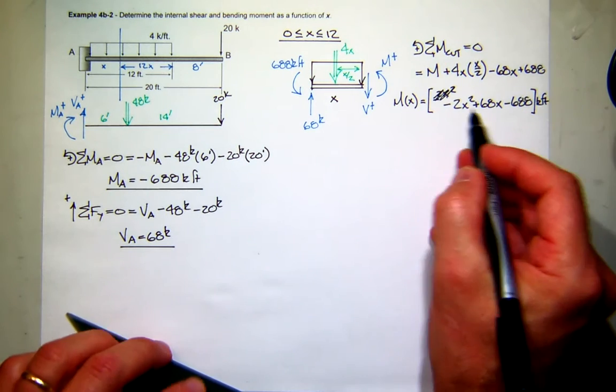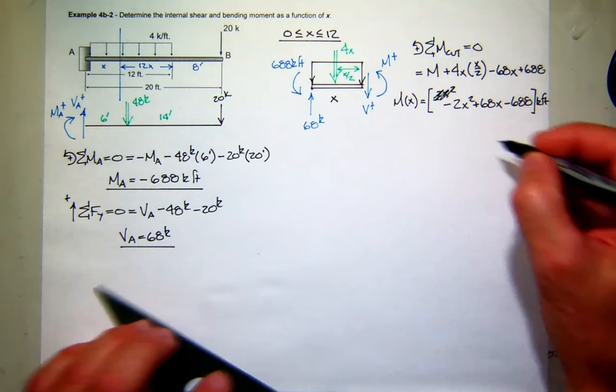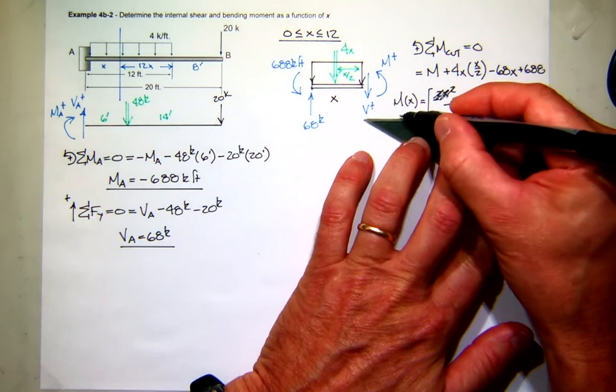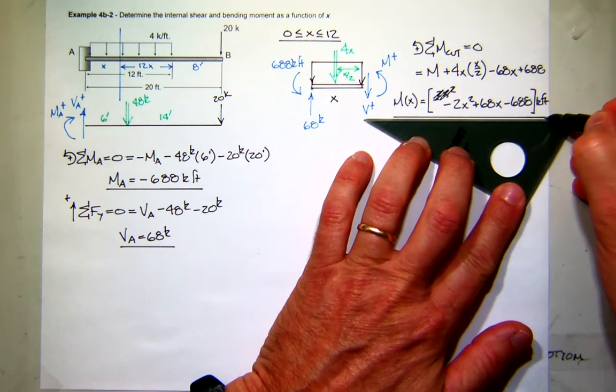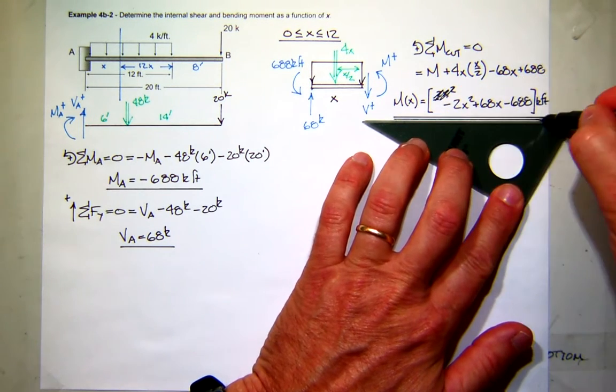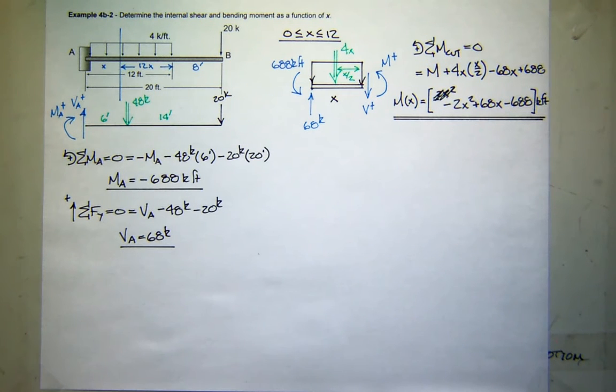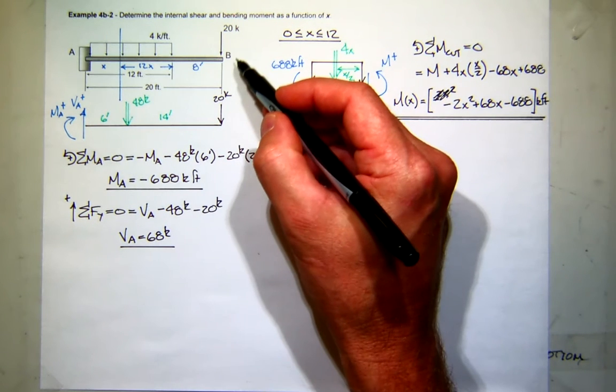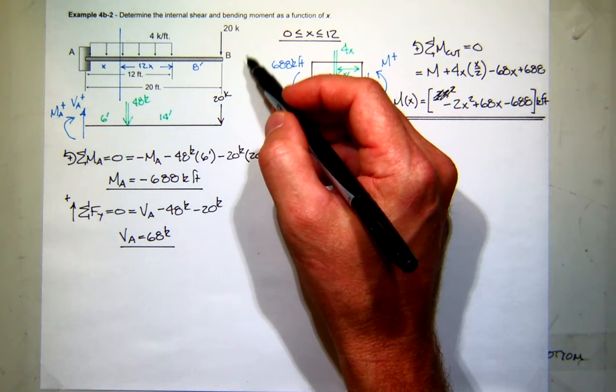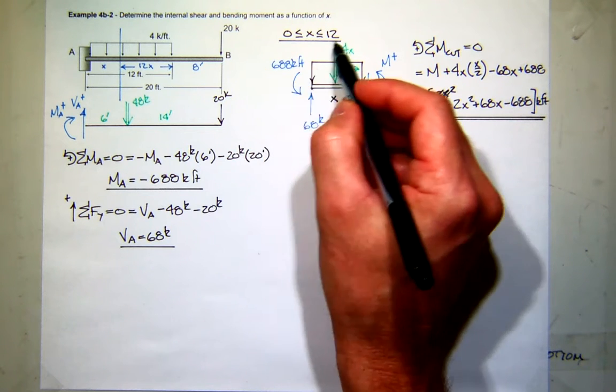So when x is equal to 0, what's my moment? Negative 688, right? And that matches what I found here. So that seems to be working so far. Can I check it anywhere else? I know the moment is 0 out here at B. Can I plug in x equal 20 in this equation? No. Can't do it.